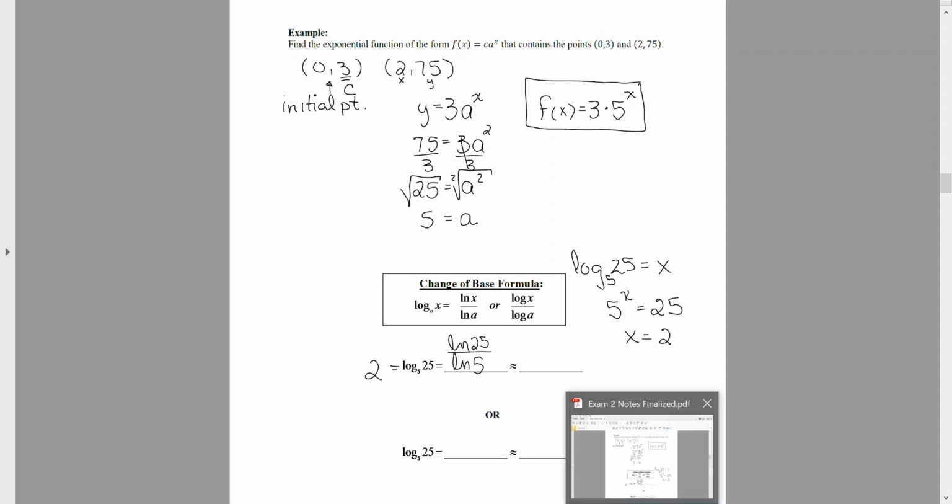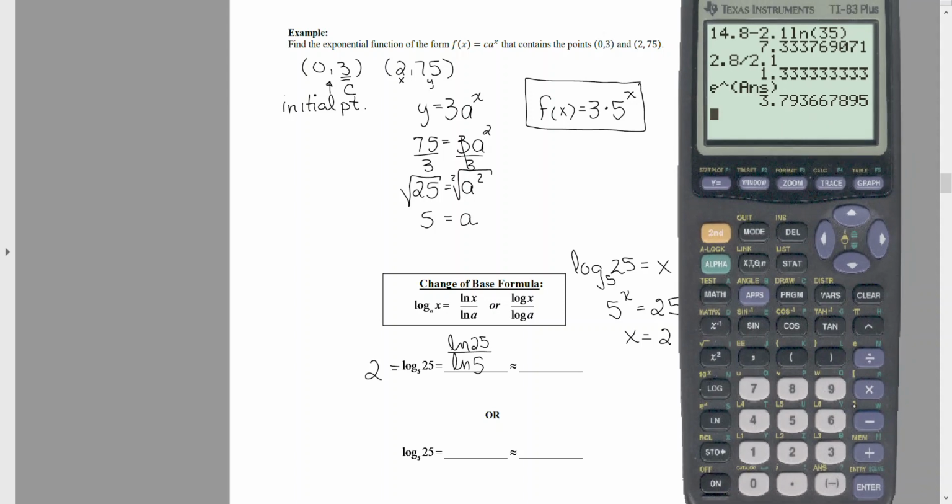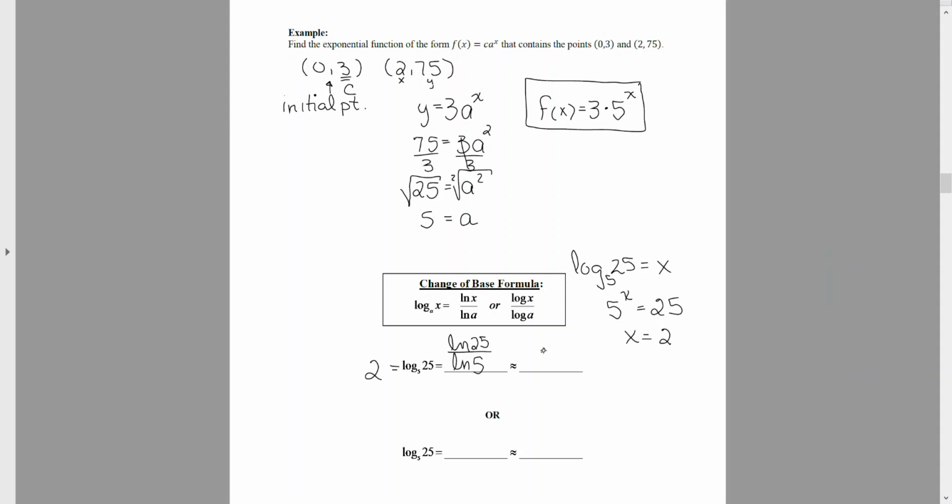And if I use my calculator, the natural log, let me pull this down a little bit here, the natural log of 25, close parenthesis, divided by the natural log of 5, close parenthesis, and the answer is 2. Right? Or, I could put the number 2 here, that's exactly equal to 2.